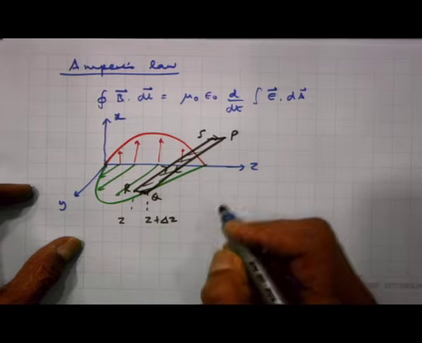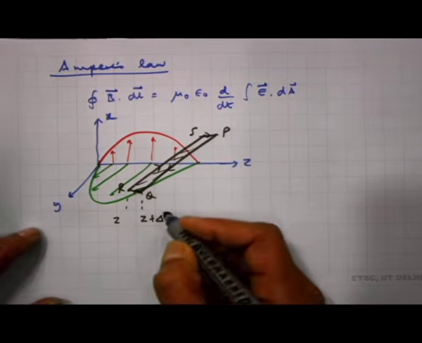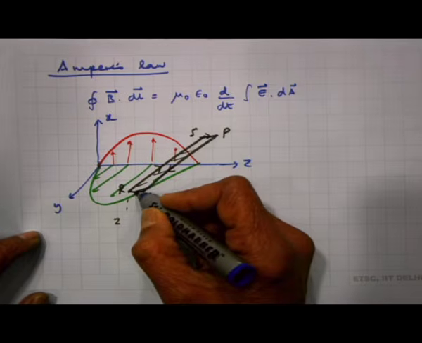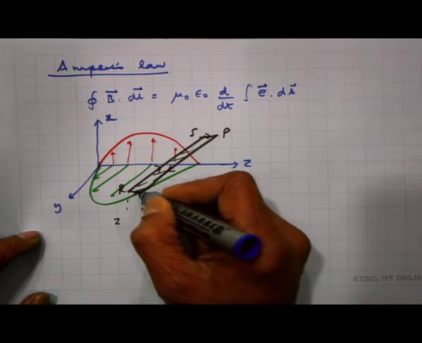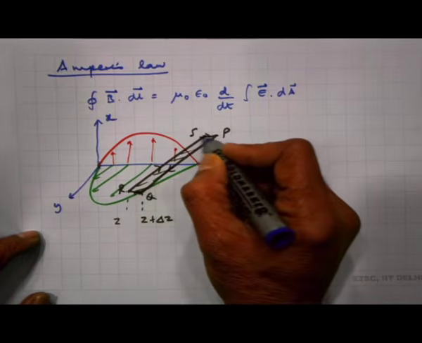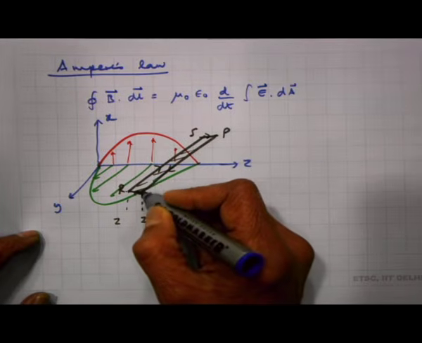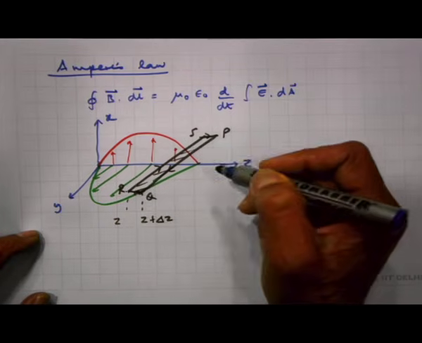That is a complete loop. Now, just like before, the magnetic field is along the y direction and this line is along the z direction, and similarly this line. So, the integrals B dot dl from Q to R and S to P are 0.